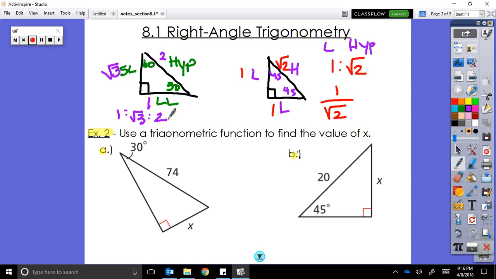Now, the interesting thing about this one is that you can't do all of those ratios at one time, so you have to decide which ones you want to use.